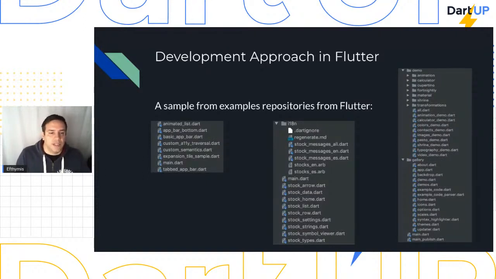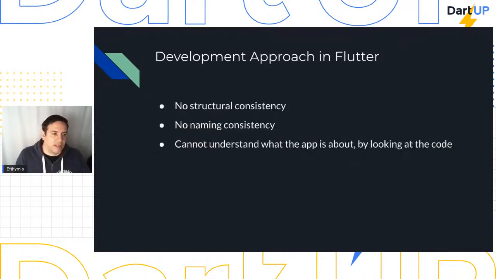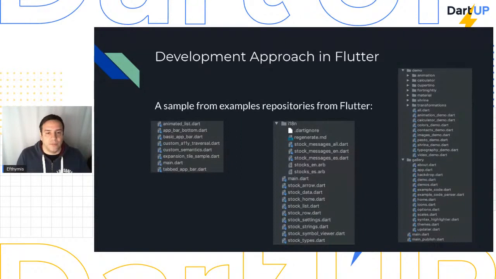And if you see, there is a problem here, because I cannot really extract a pattern from that. I don't know if anyone can. What I see is that there is no structural consistency, and in some cases there is not even name consistency. And just by looking at this code, you cannot really understand what this application is doing.